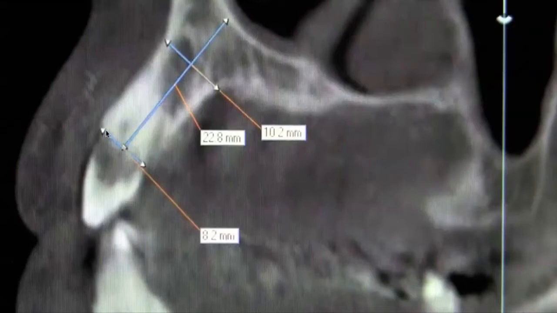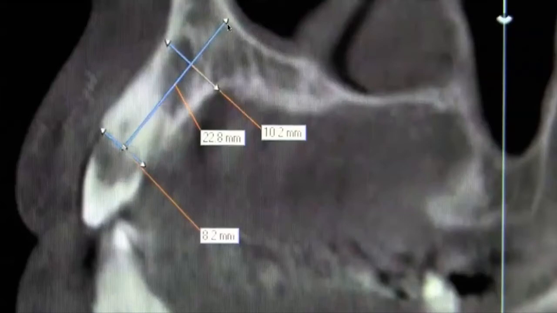So if we try to create the ideal placement following the protocols of Dr. Gans for the triangle of bone, we would have to actually create a big angulation in relationship to the existing area where that root used to be placed, the socket.